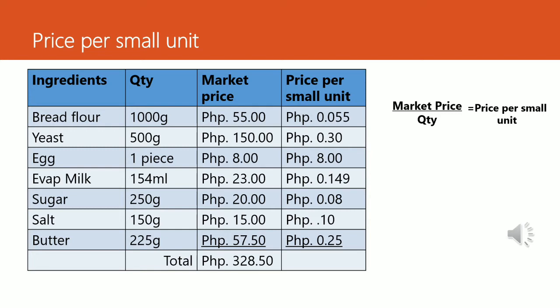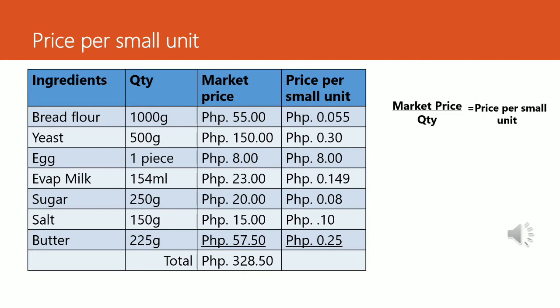For the sugar, 20 pesos divided by 250 grams is equal to 0.08 per gram of sugar. For the salt, 15 pesos divided by 150 grams is equal to 0.10 centavos per gram of salt.